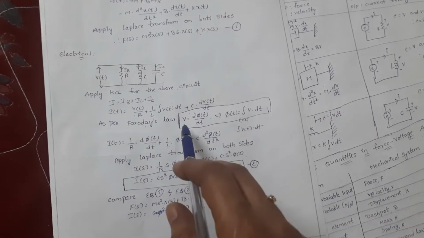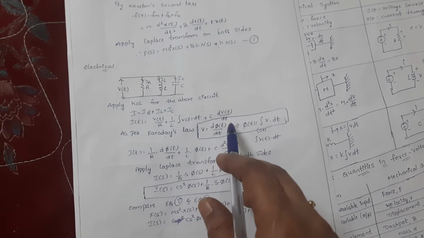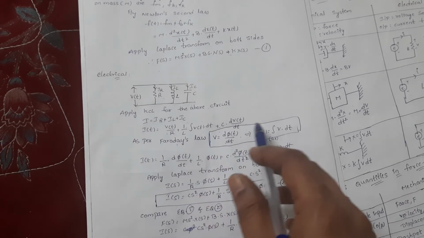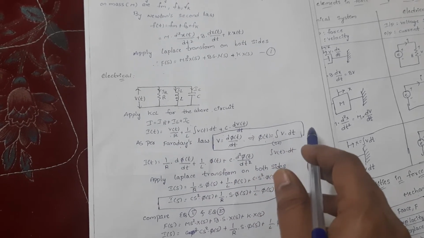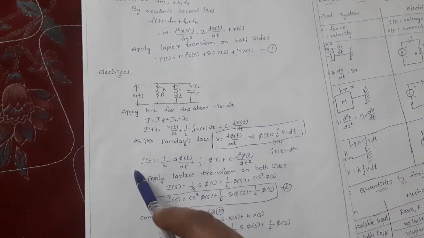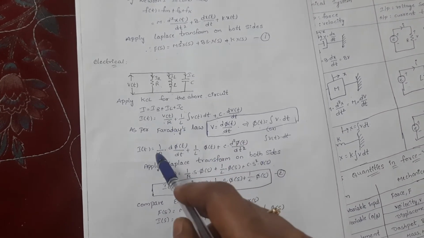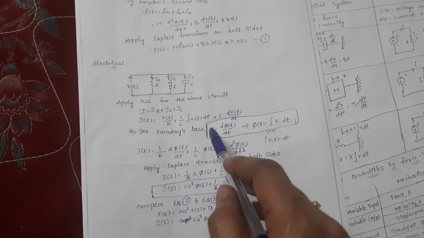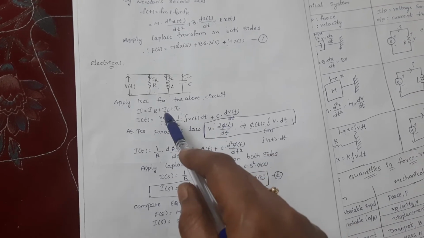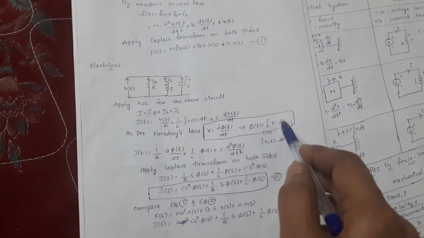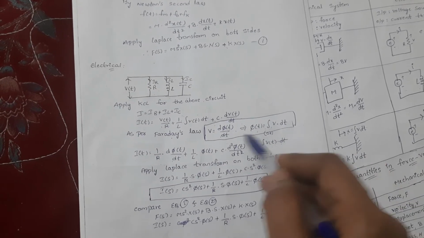In this force current analogy you should remember this formula: V is equal to the flux, d phi by dt, and phi of t, when it goes this side, becomes integral V dt. Substituting in this equation, as previously, we get 1 by R into V, which is d phi, and V of t is there, so I wrote integral V of t dt.